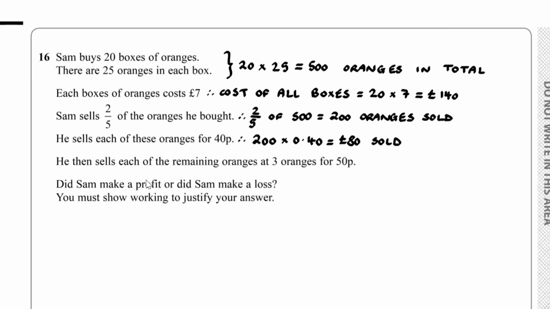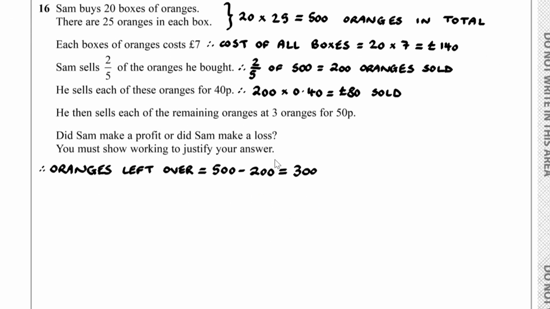Now, we are told he sells the remaining oranges at 3 oranges for 50p. Well, first of all, if there's 200 oranges sold, the number of oranges left over then, we've got 500 oranges in total, 200 of these are sold, 300 will be left.